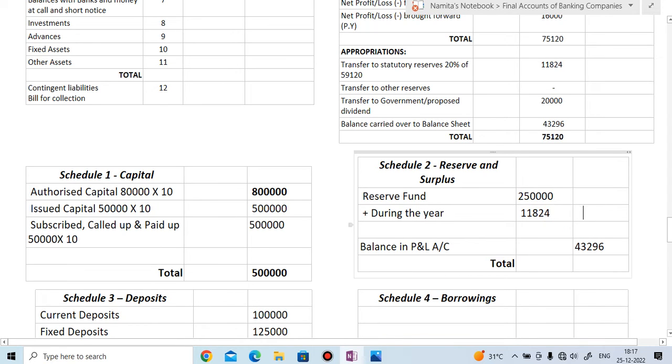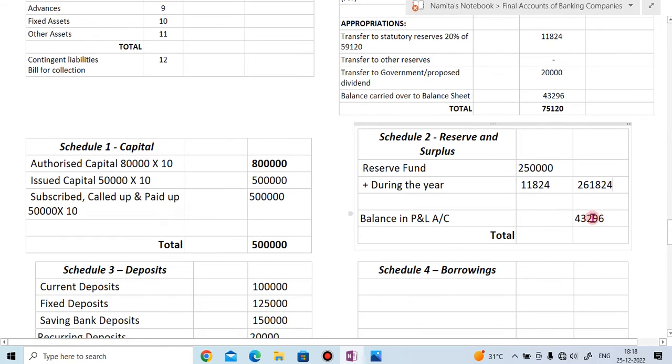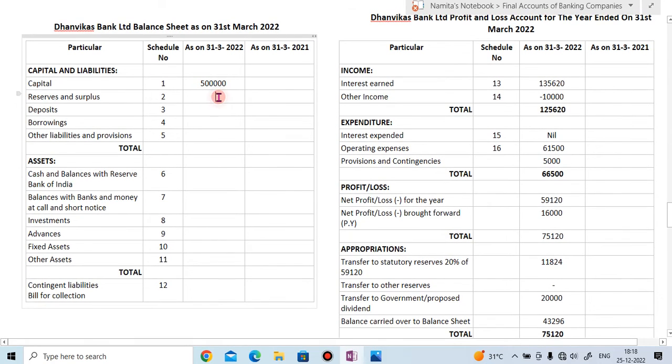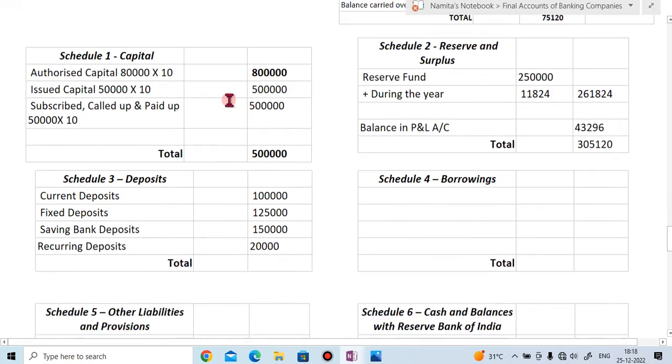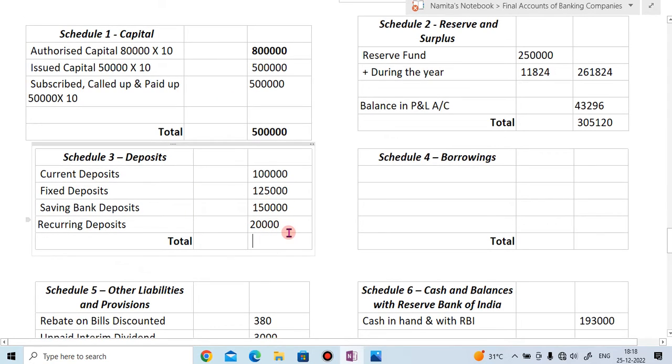The answer will be 2,61,824. Okay, so the total of reserves and surplus is 3,05,120. Okay, so reserves and surplus total is 3,05,120.